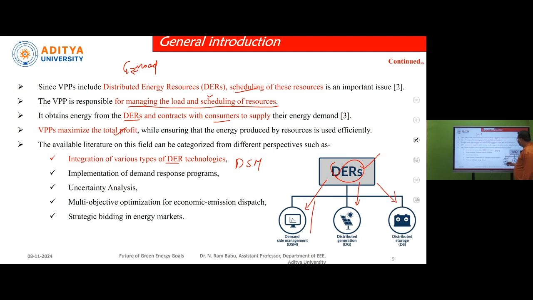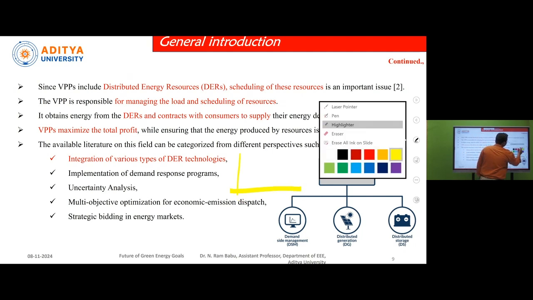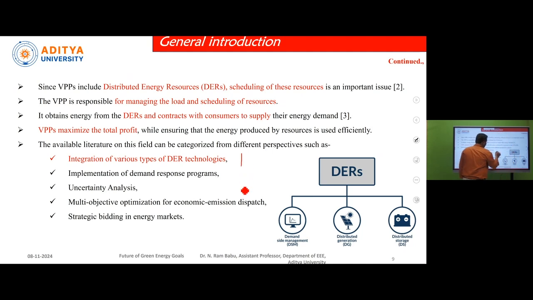First one is demand side management. Let us draw a curve: time for 24 hours, and this is load in kilowatt hours.